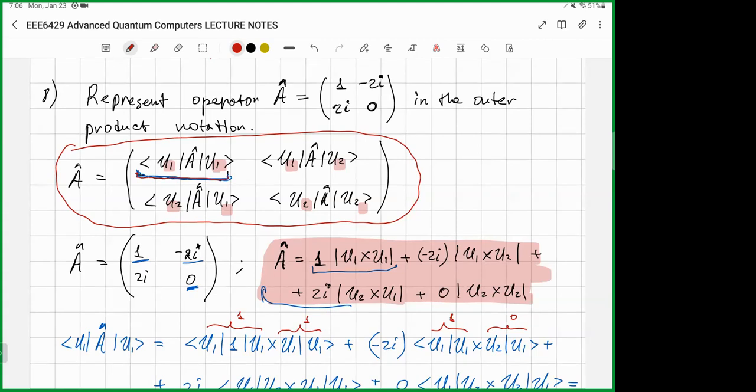But the point is that these basis vectors are not unique. What we discussed in the beginning of today's lecture is that we can rotate this basis as we like, and so there is an infinite number of different bases. And when we rotate this basis, of course, the matrix elements also change accordingly.